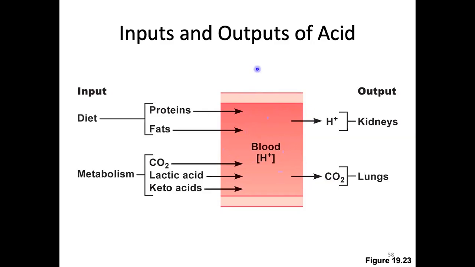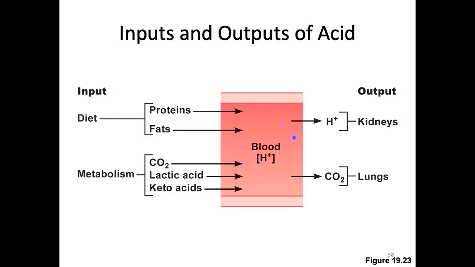We're not going to get into metabolic or respiratory acidosis or alkalosis here, but if you can understand that from breaking down proteins and fats we get protons, and from CO2, lactic acids, and keto acids we get protons as well, that's going to drop the blood pH.